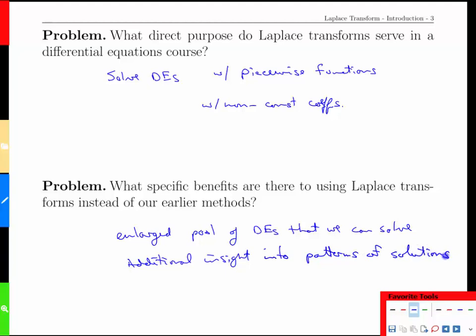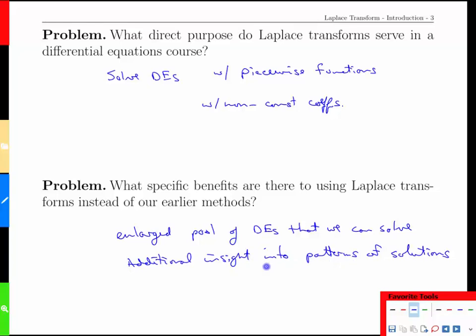That'll come a little later. For now, we're going to focus on the mechanics. But there's going to be something in the transform version that we can look at and immediately be able to predict the behavior of systems simply by looking at the transform version. For now, though, let's move on to calculations of the Laplace transform.